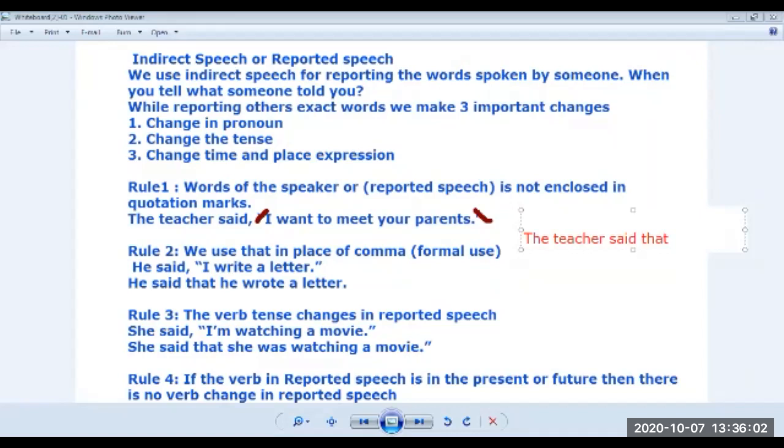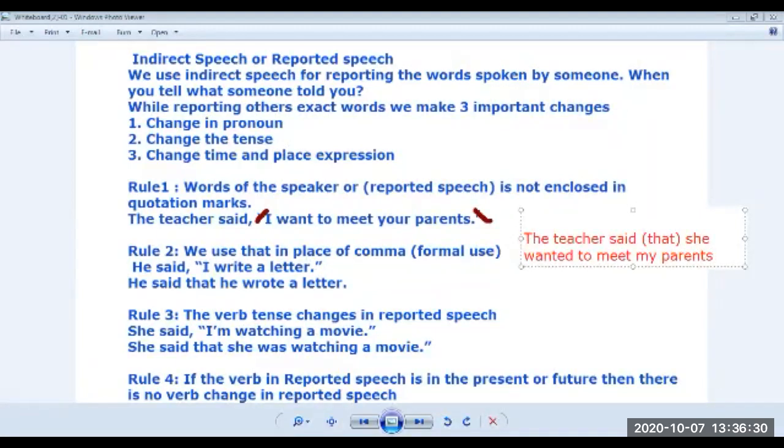Usually you can use it all the time, but if you want, you can avoid it also. The teacher said that I becomes she. She wanted to meet, your becomes my, parents.